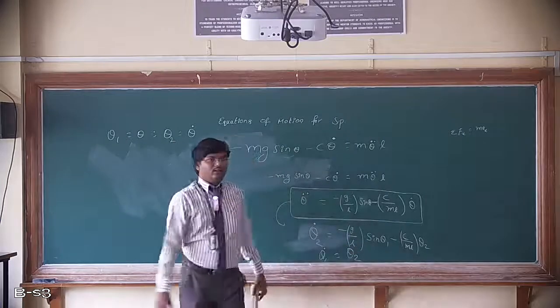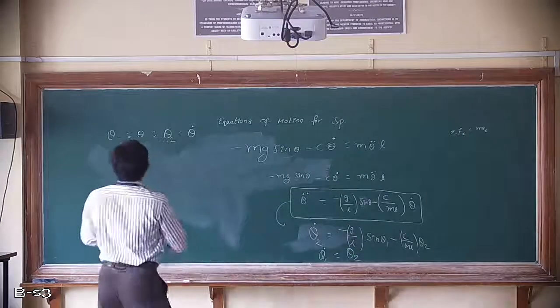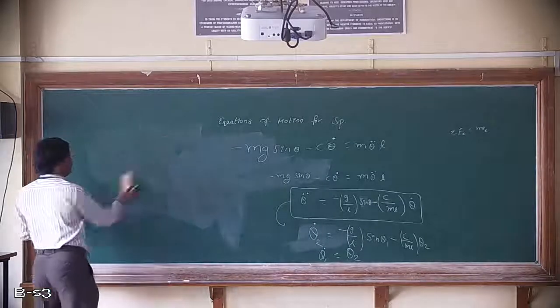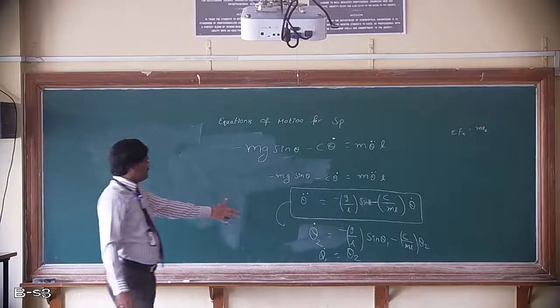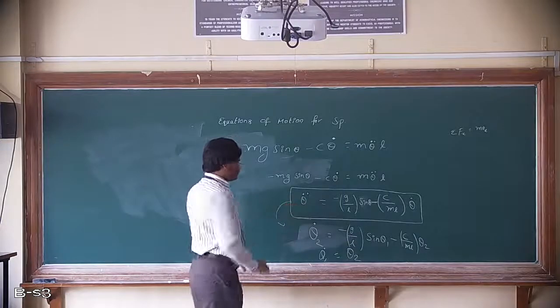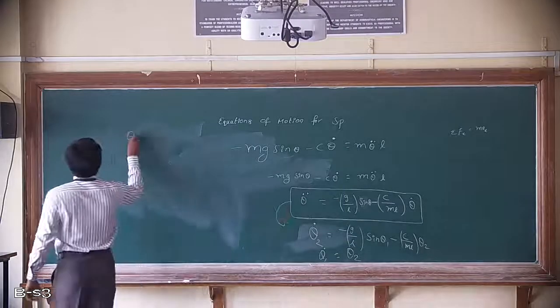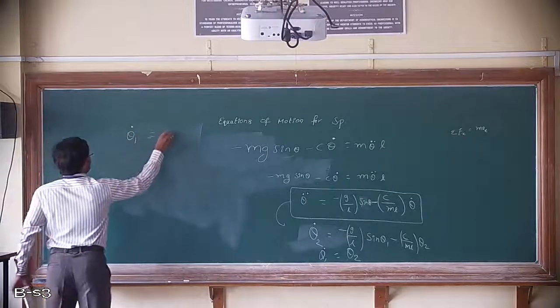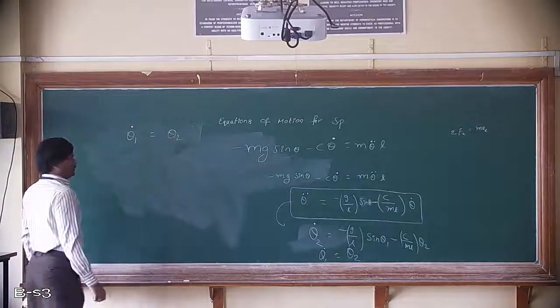Right? So finally you are getting 2 first order differential equations by splitting this second order differential equation. So what are those? Theta 1 dot is equal to theta 2.